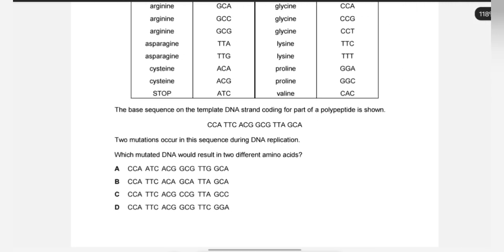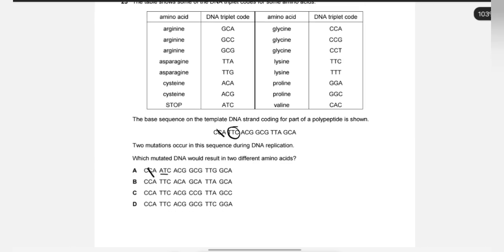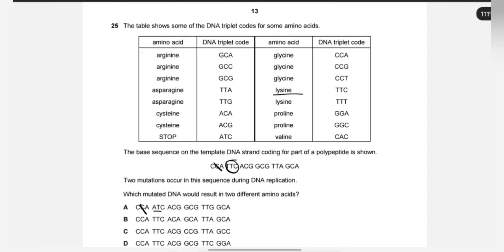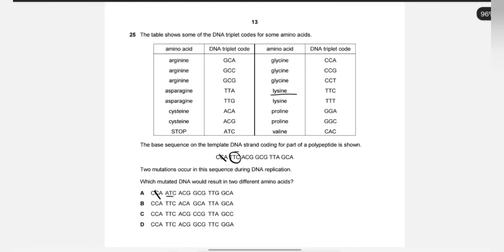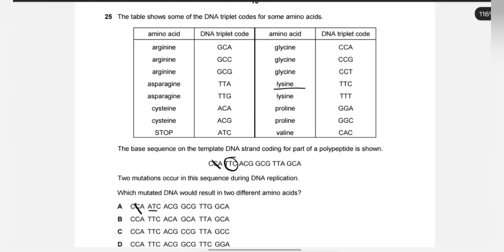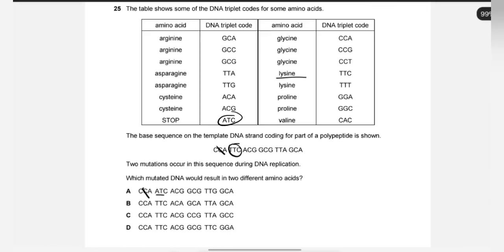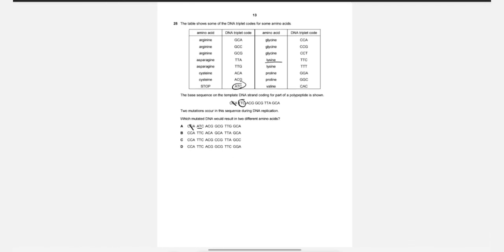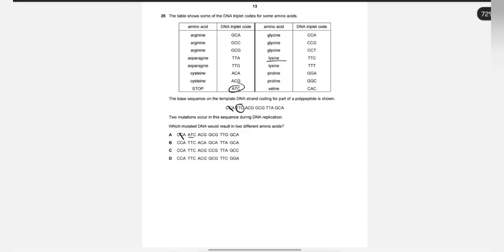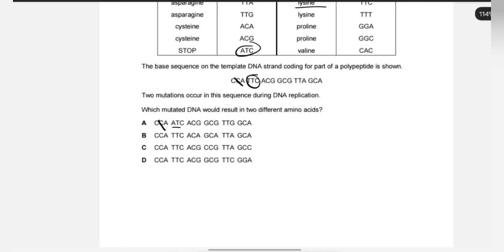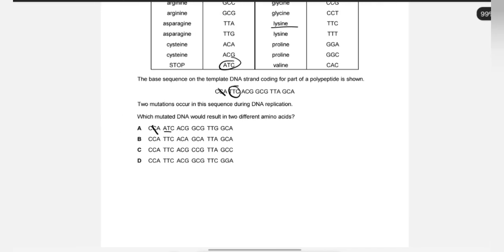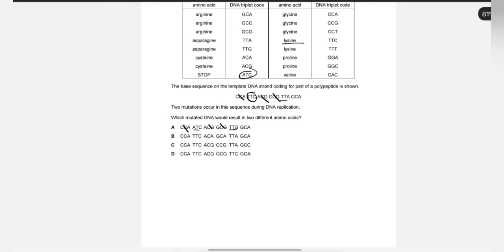For part A, we have CCA, CCA, CCA. Then in place of TTC, we have ATC. If we look for TTC here, we have lysine for TTC, and for ATC we have stop, and that's not an amino acid. For ACG, the same; GCG, the same; then TTG and TTA.